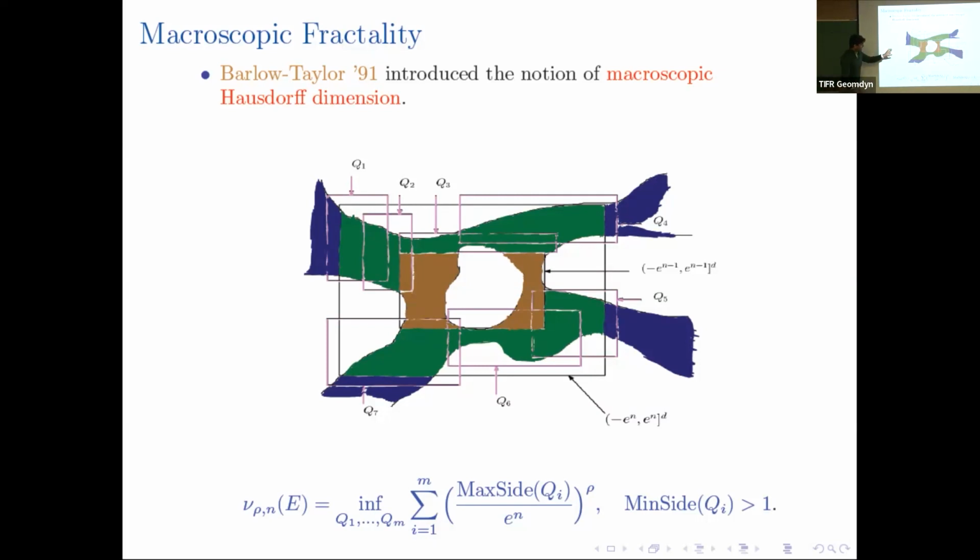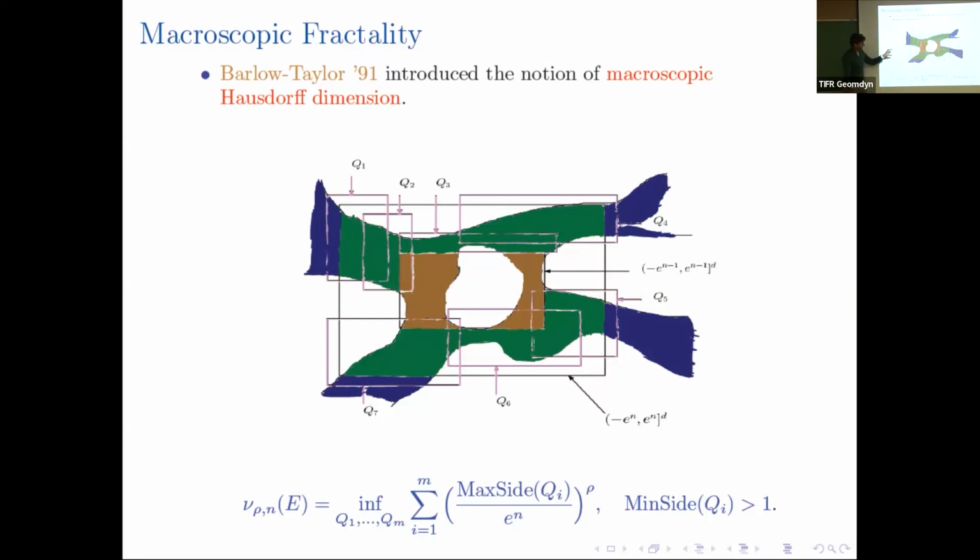The region confined between the squares, the shell-type region, is this green part of the geometric object. This geometric object is a union of the blue, green, and brown regions, and the shell-type region is the green part.